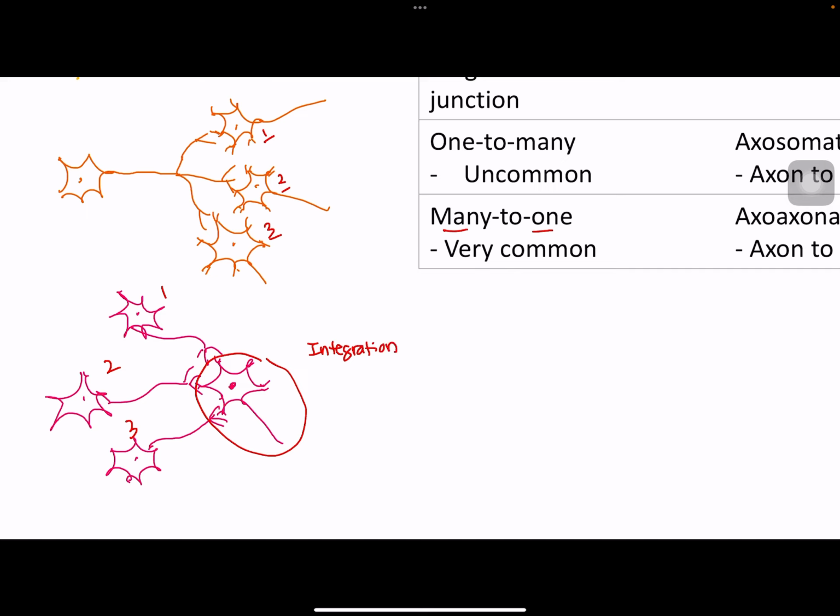Think about yourself listening to lectures from me, from Dr. Maizura, from Dr. Roslina, from Dr. Zunaria, and you as the end receiver will have to integrate all this new information to synthesize your own and come up with your own comprehension.